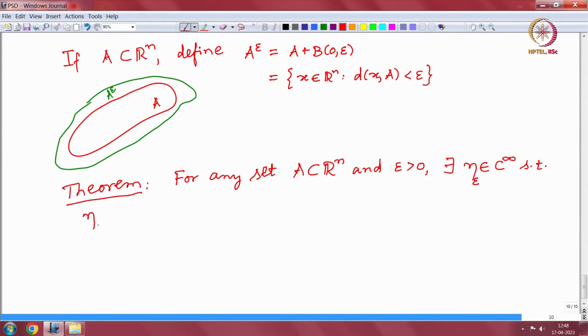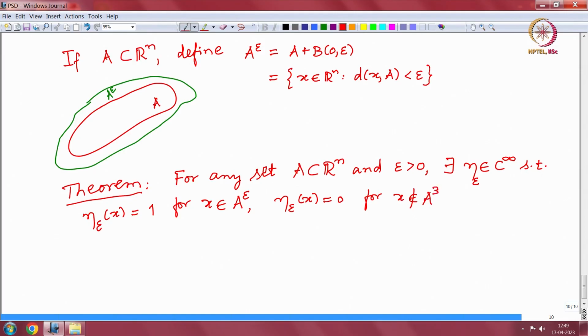So, eta epsilon x is equal to 1 for x in A epsilon, that is the epsilon neighborhood of the set A, and eta epsilon x is 0 for x not belonging to a bigger set.